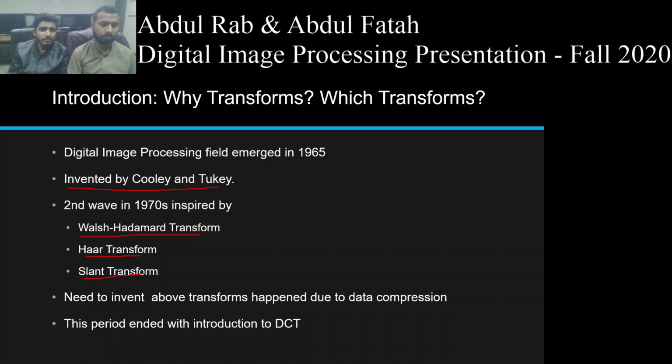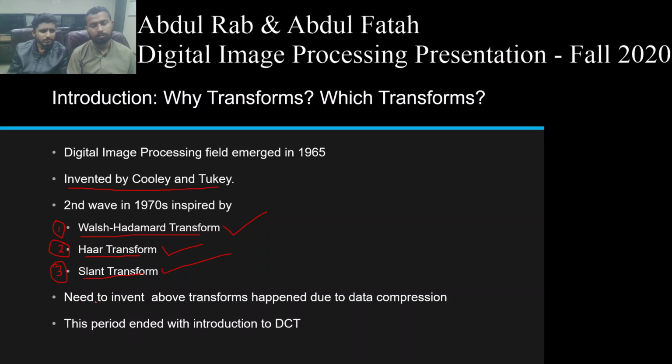in 1970, which was inspired by engineering communication and telecommunication technologies and some other applications of image processing, there were also a huge number of transformations invented. Those comprised the Walsh-Hadamard transform, Hartley transform and slant transform.